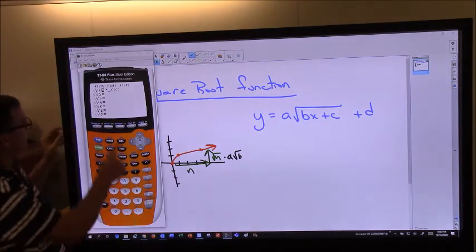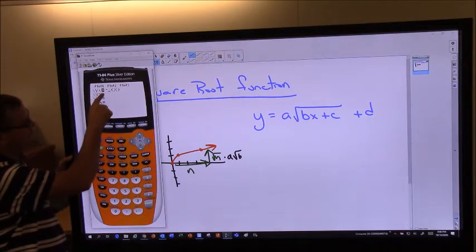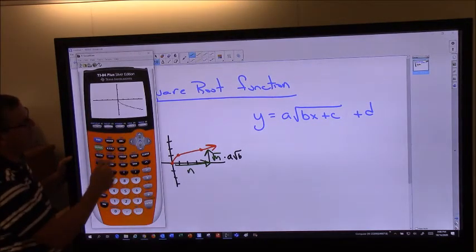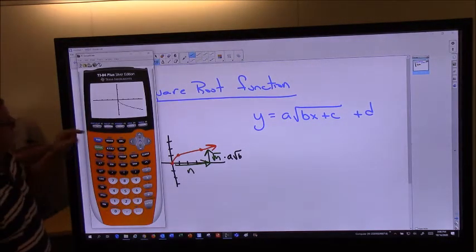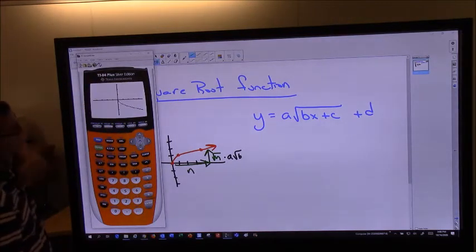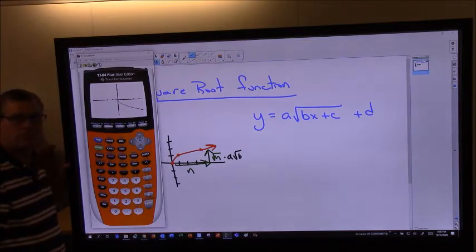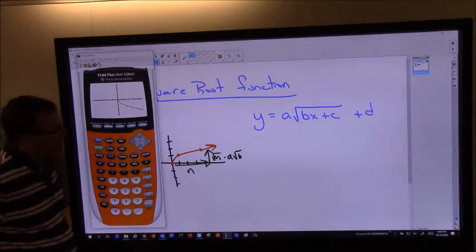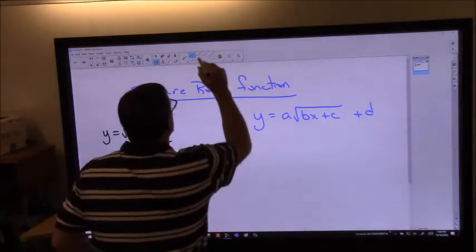So let's just check and see. I've got a negative sign out in front. I want to graph this. That's what happened. The function was up here, but now it's flipped across the x-axis. All right? So let's write down some rules for this.